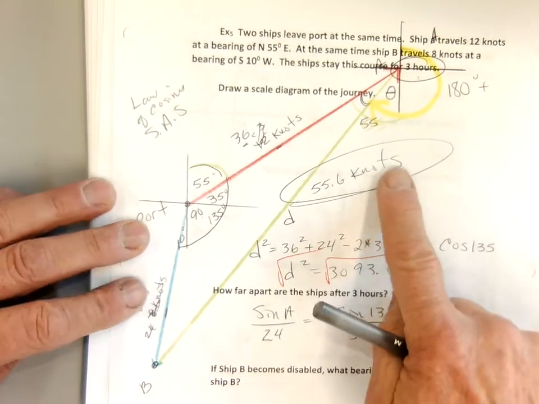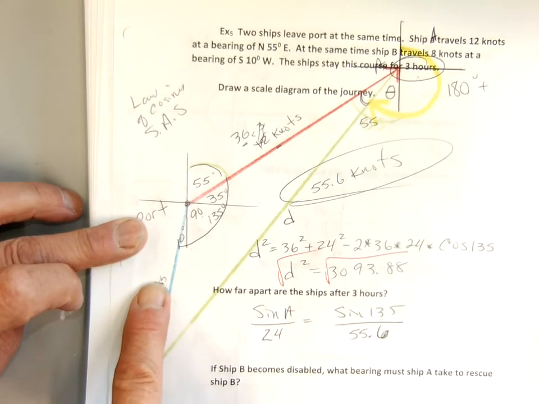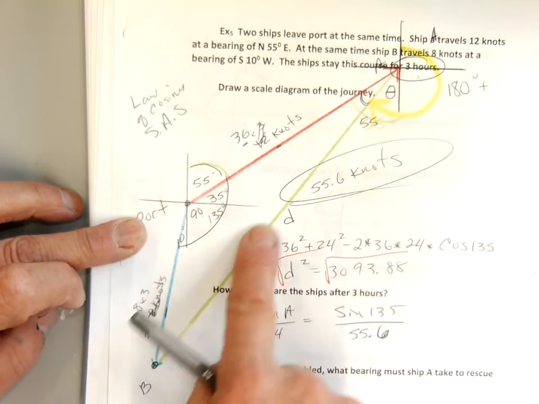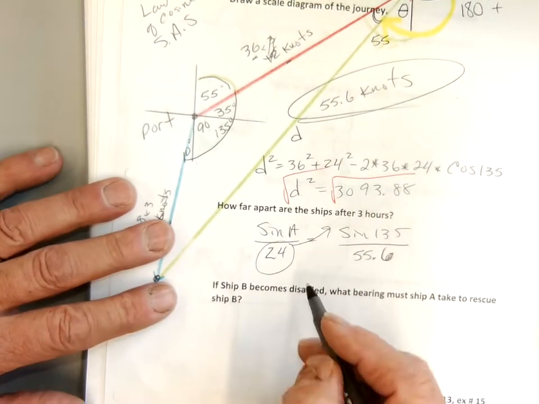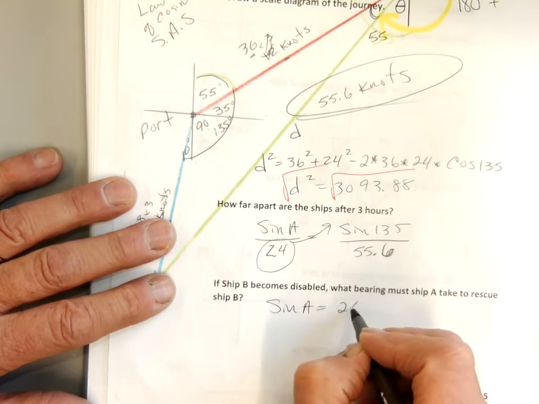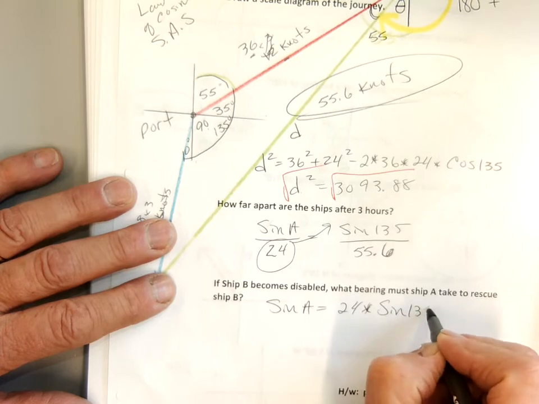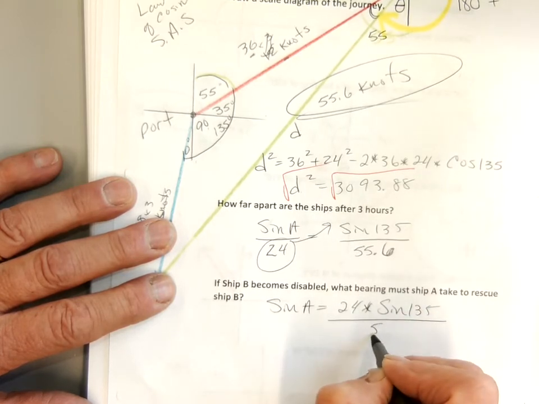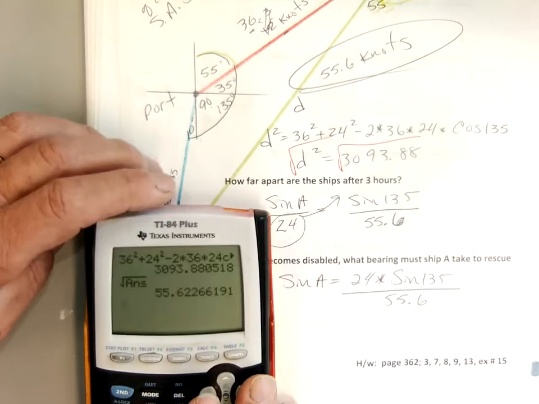Opposites. I'll multiply up by 24. I'll have sine of A equals 24 times the sine of 135 divided by 55.6. I'm going to use my calculator.